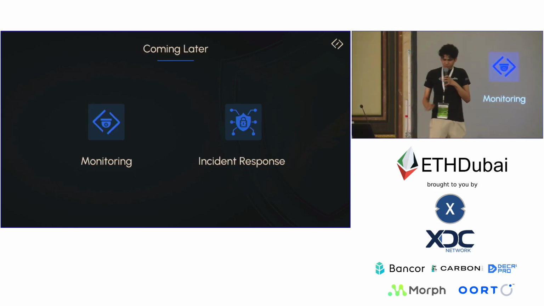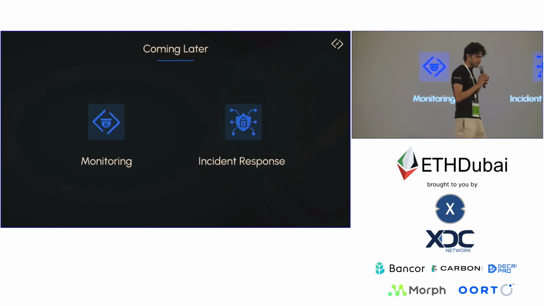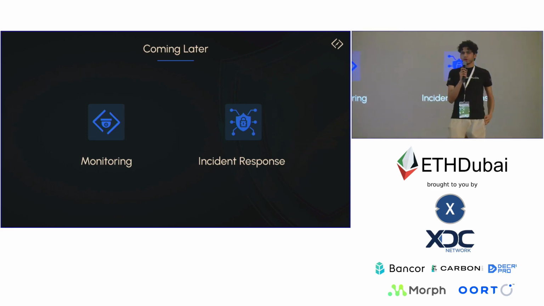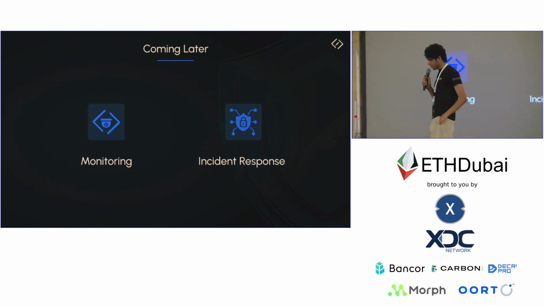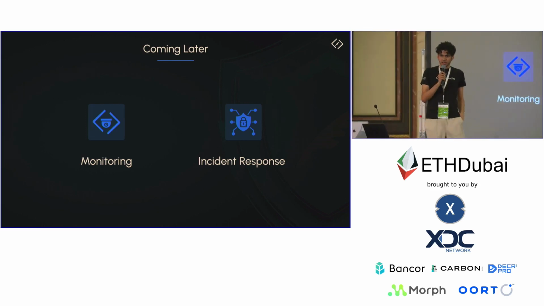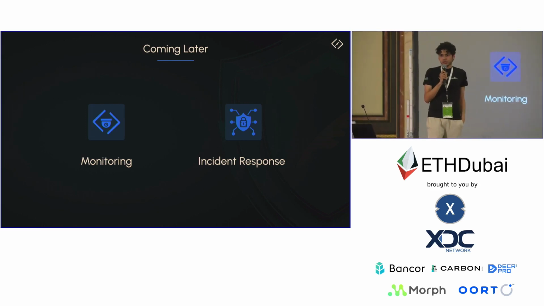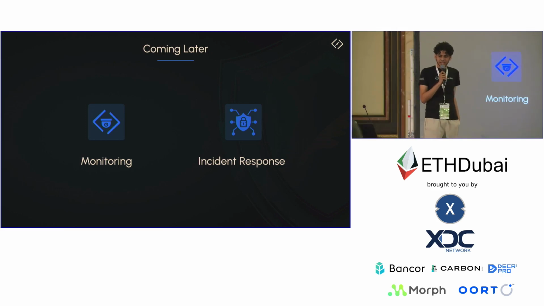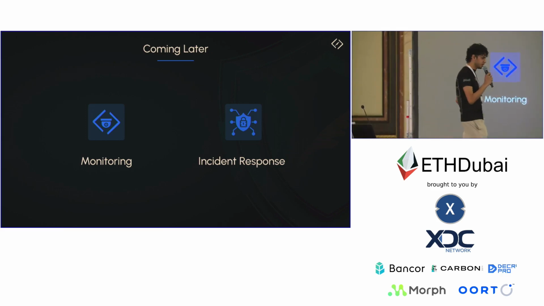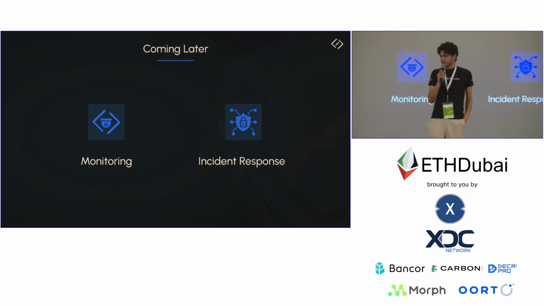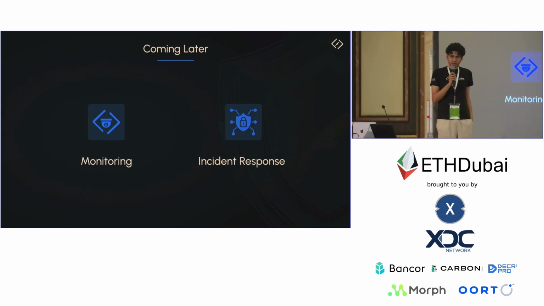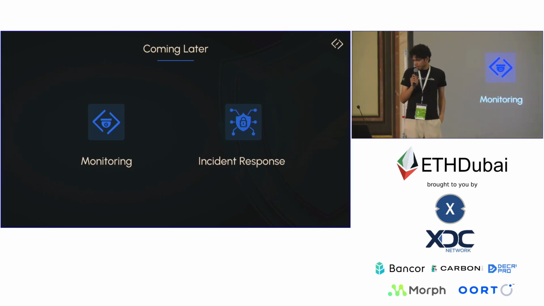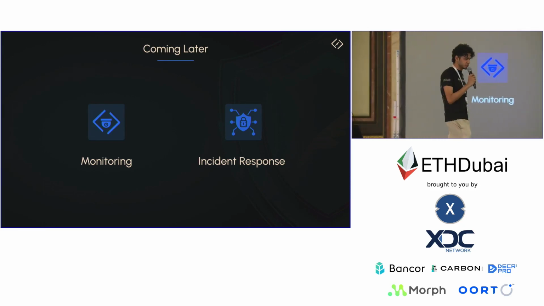And coming later would be monitoring and incident response. Let's say you audit some smart contracts through our platform, and because we are using AI models to audit, you can never be too sure whether the vulnerabilities really have been solved and if the smart contract is totally bug-free. So for you guys who want to be extra safe, before you deploy your smart contracts, there's going to be monitoring and incident response.